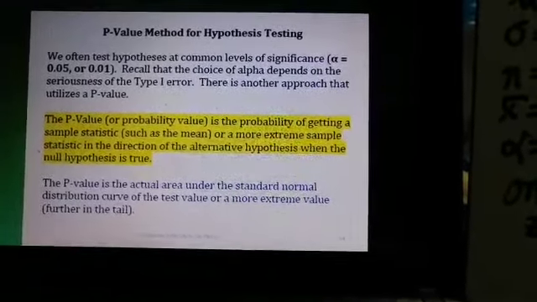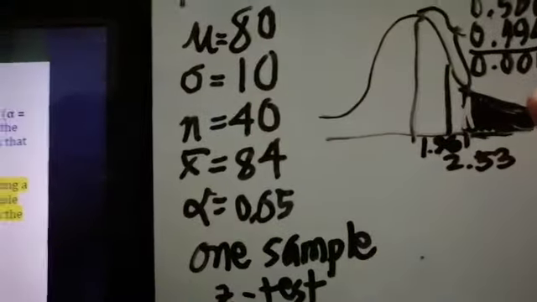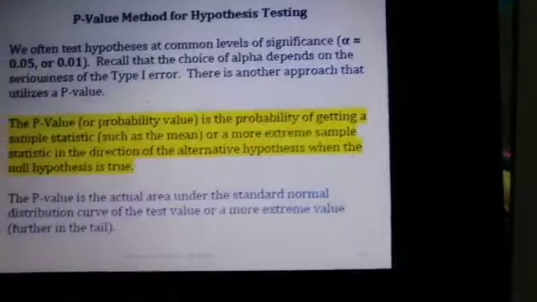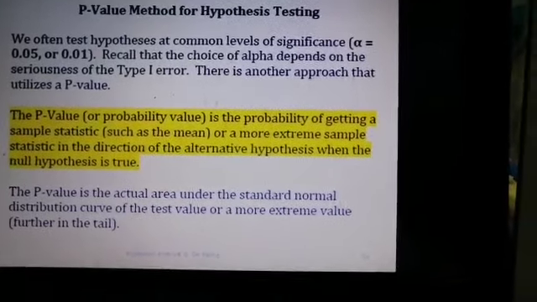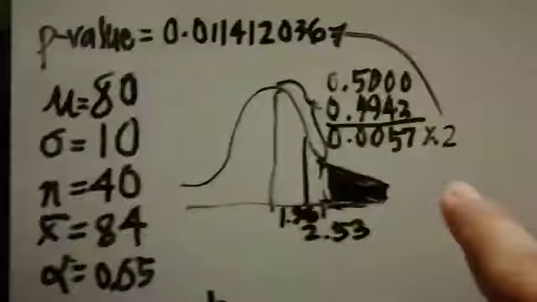Recall that we already had this in our introduction of hypothesis testing. It's the probability of getting a sample statistic or a more extreme sample statistic in the direction of the alternative hypothesis when the null hypothesis is true. So this is the actual area under the standard normal distribution curve of the test value or a more extreme value further in the tail.